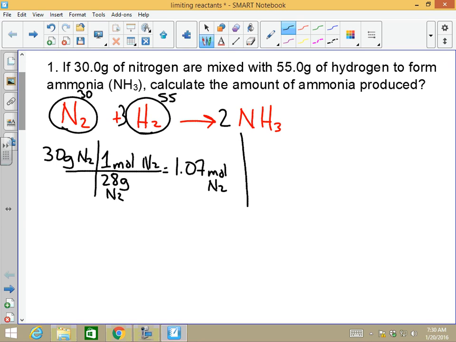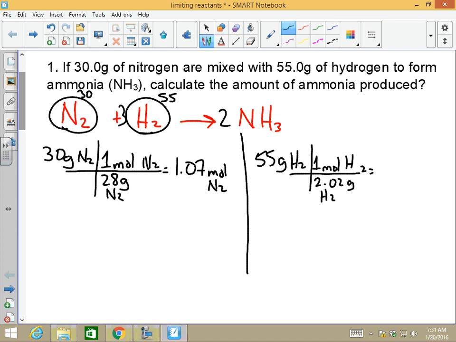Now let me go to the moles of hydrogen. 55 grams of H2 cancels with 2.02, the mass of 2 hydrogens, for 1 mole of H2.